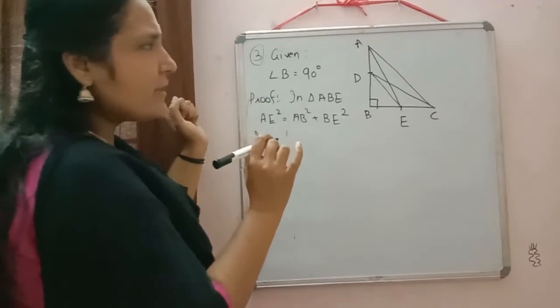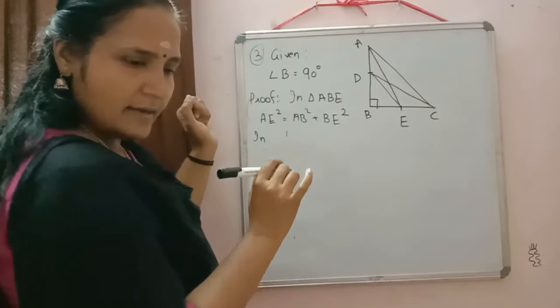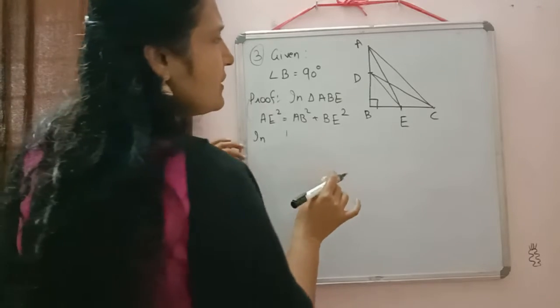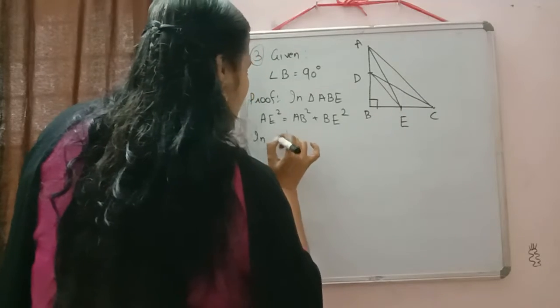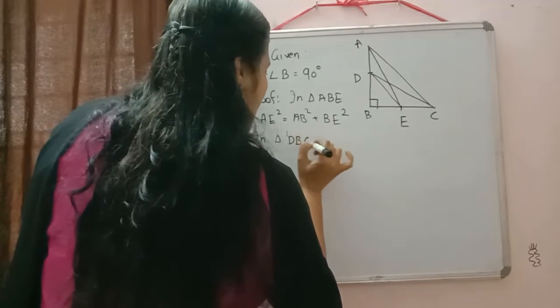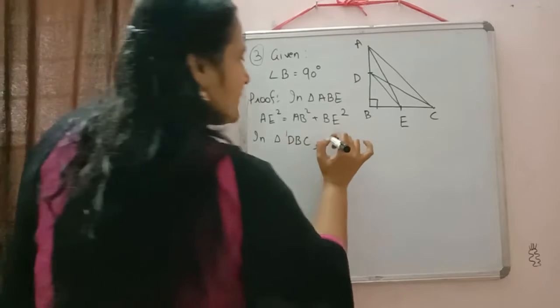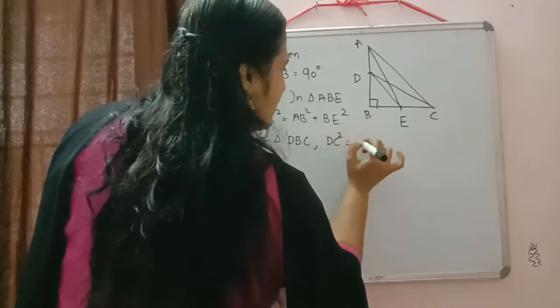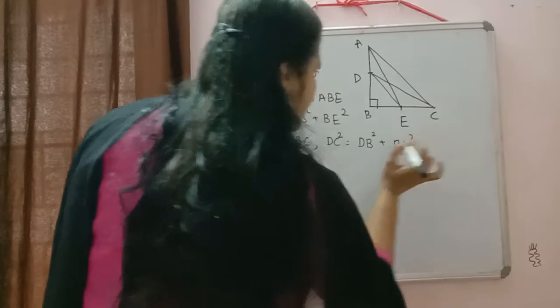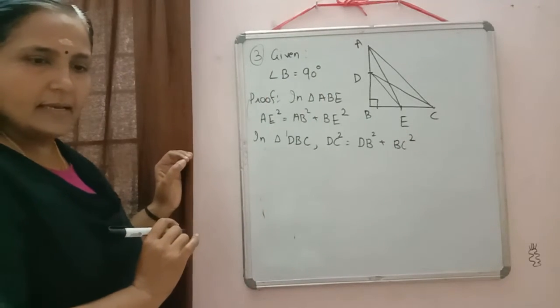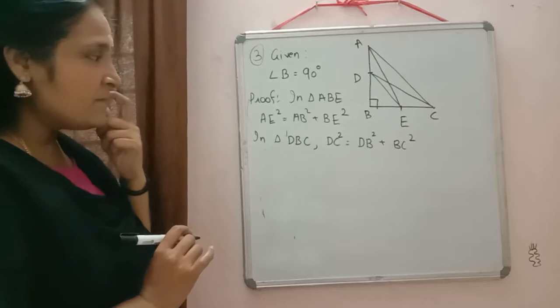Then which one do we have? A right triangle, yes, we need the side CD. So we have the right triangle DBC. So just write down there. In triangle DBC, what will come? DC square is equal to DB square plus BC square. Written there, DB square plus BC square.